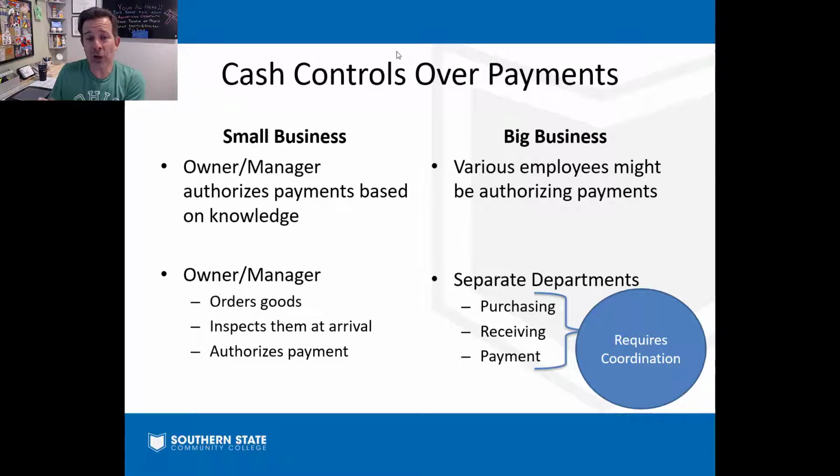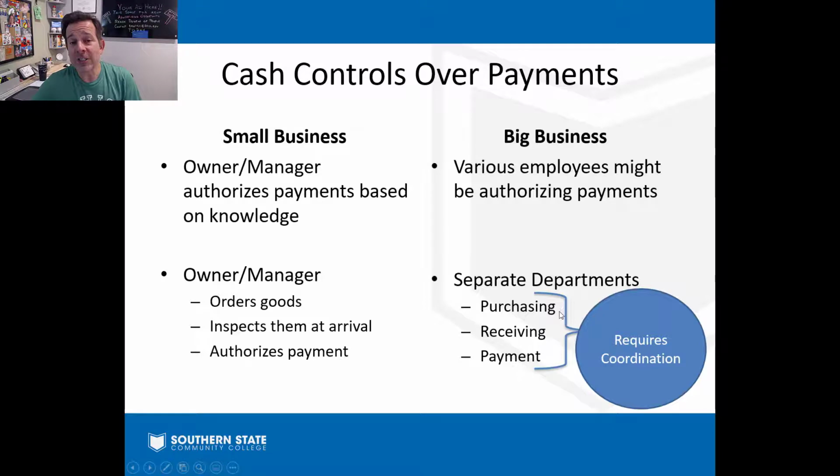Of course, in a bigger business, maybe one with a lot of different locations, or one that's just so big one person can't do all that as an owner, you'll have various employees fulfilling all those functions. And again, the internal control here is to build walls, a separation of duty between the different functions and departments. So we may have a purchasing department responsible for placing orders.